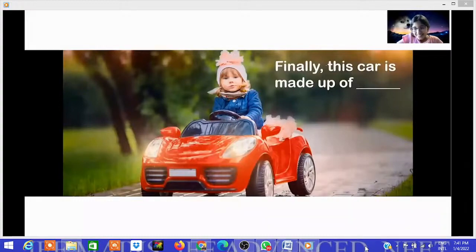Car. What is that material which is used to make this car? Plastic? No, not plastic. Then metal? Yeah, metal. Okay.